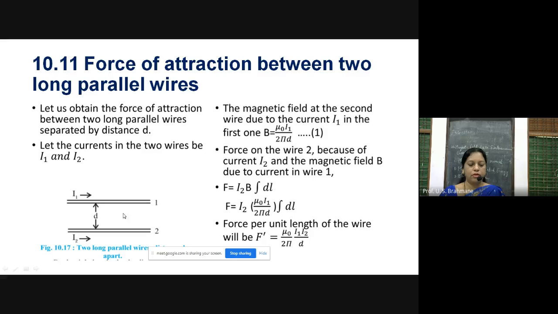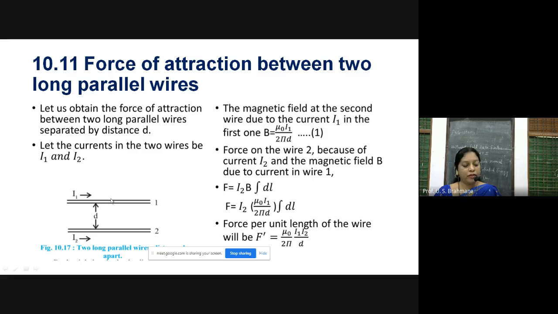These are the two conductors, and we can see that the current I1 is in the same direction as I2. In the first lecture I told you that when a conductor is carrying current, there is a magnetic field because of this current, and this magnetic field acts on every point of the second wire. Because of that magnetic field and the current I2, there is a force exerted. So that force we are going to see.